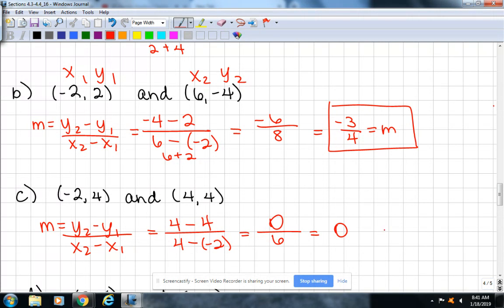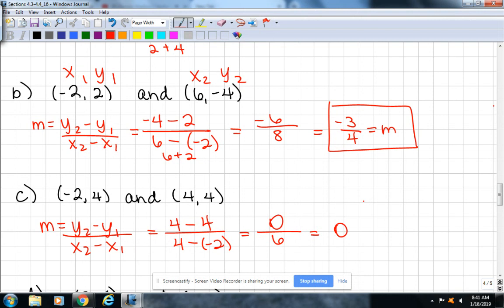if a slope is positive, it's going up from left to right. If slope is negative, it's going down from left to right. So what do you think a slope that is 0 is doing? It's a flat line. So what kind of line would that be? Horizontal.